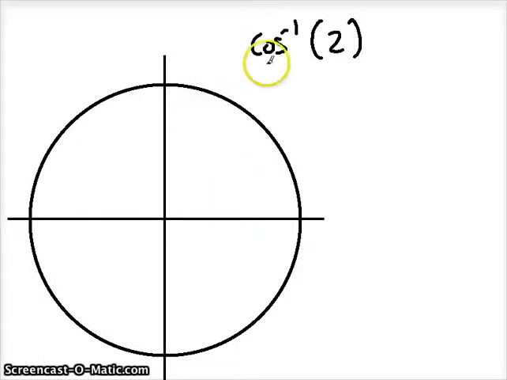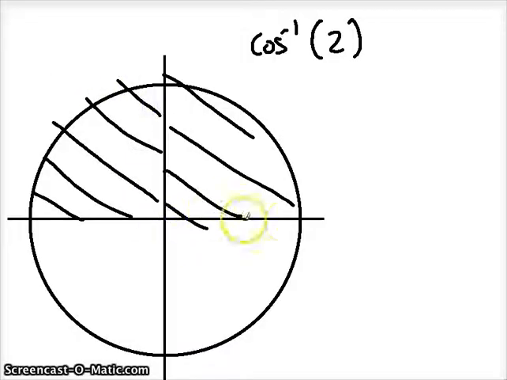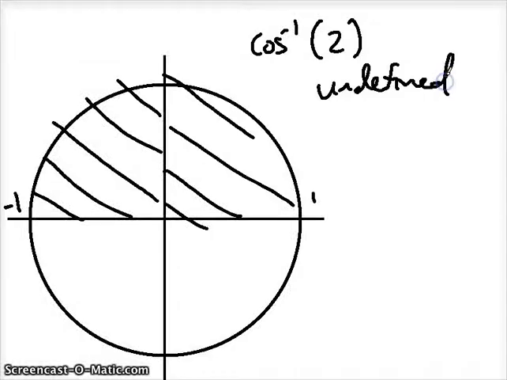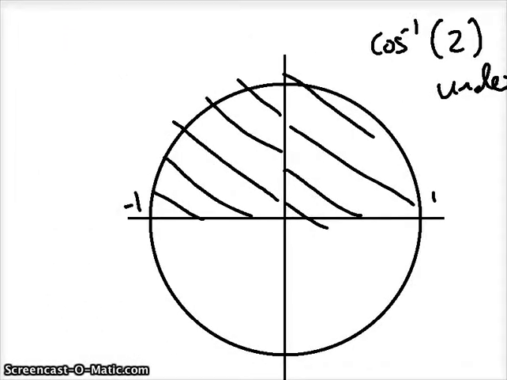And actually, if you use your calculator to try and find this, it will tell you it's undefined as well. This is just outside of the possible cosine domain here. All the possible x values should be in between -1 and +1, and this is outside that, so we would say this is undefined. Alright, let's do another.